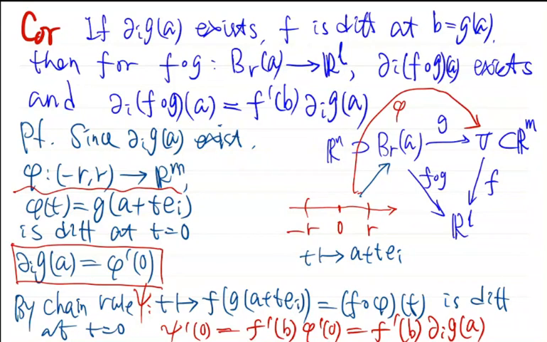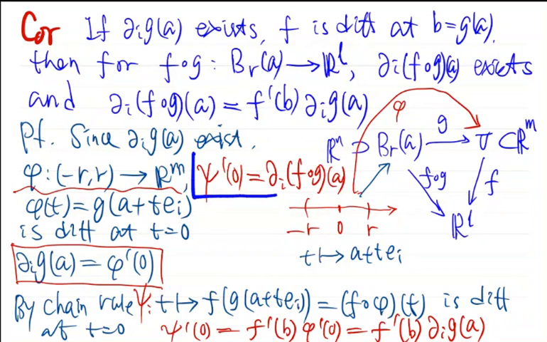On the other hand, by the definition of partial derivative, the left hand side, psi prime at 0, is the derivative of the composition at a. You will observe this. Why is this true?